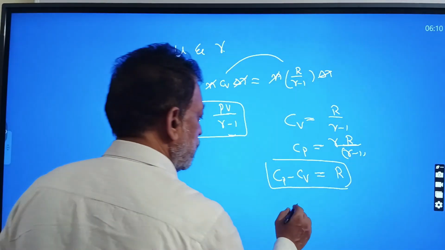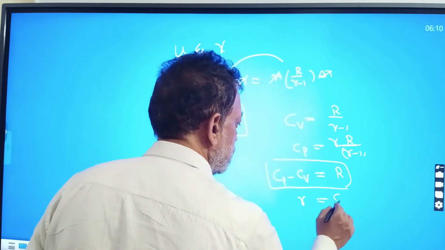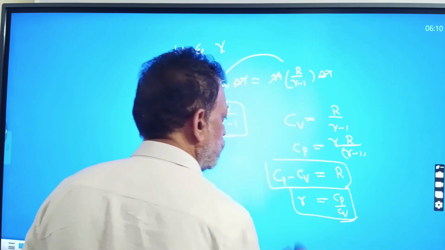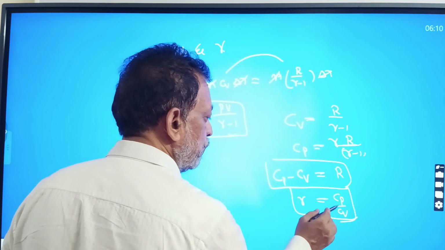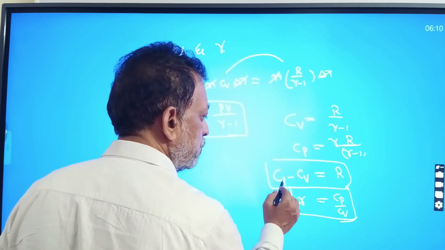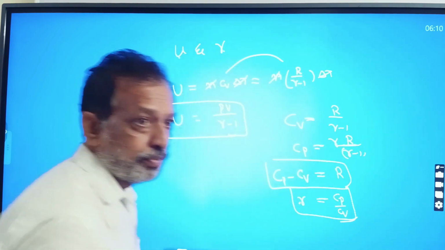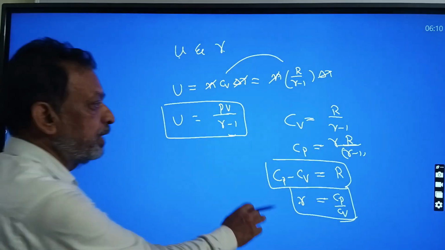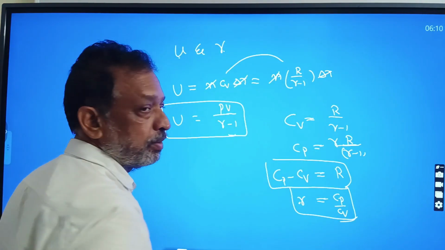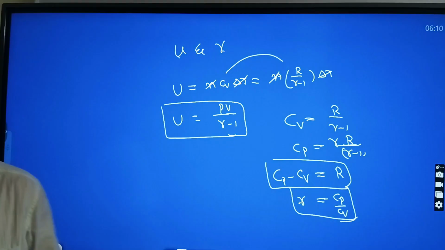Gamma is equal to Cp by Cv, so substitute it: Cp is equal to gamma Cv. That's all, simple. From this relation you are getting Cp and Cv. It is called Mayer's formula.